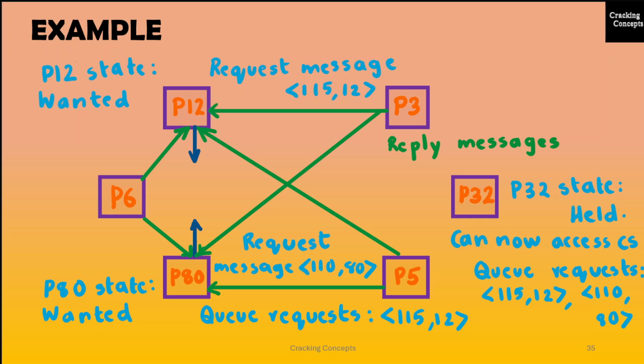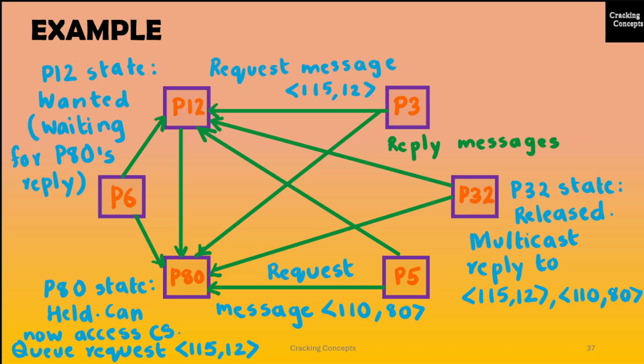Then P12 will respond with a reply message to P80. Now P80 has received replies from 4 processes. Now the request left is that from P32. After some time, P32 will release its access to the critical section.